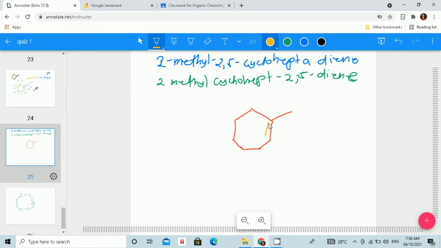We have "ene", so a double bond in number 2, and then 5. Let's count 5. Since this is 1, 2, 3, 4, 5. So in number 5 we have a double bond. Okay, that's it.